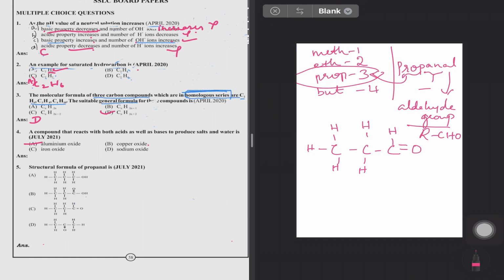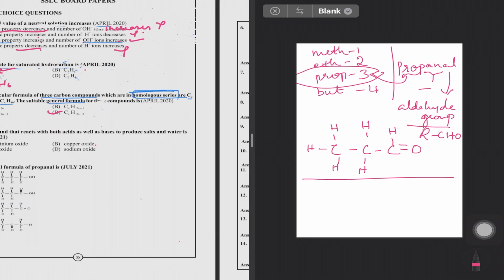This is the structural formula for propanal. So search for the option which has the same structural formula. It is in option C. Let me know in the comment section if you need a detailed explanation about the structural formulas. I can help you with shortcuts too.